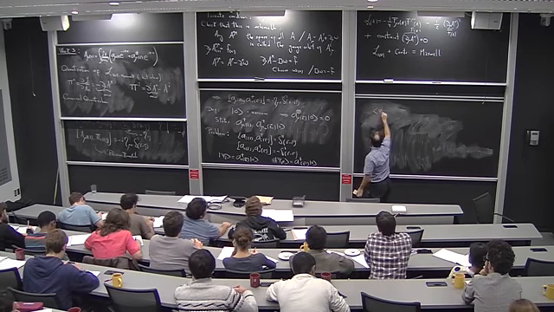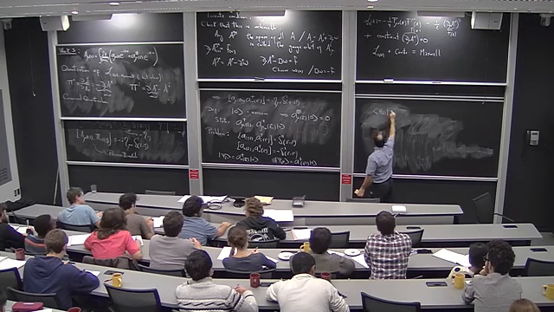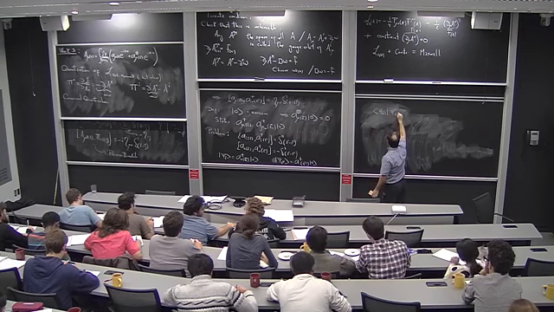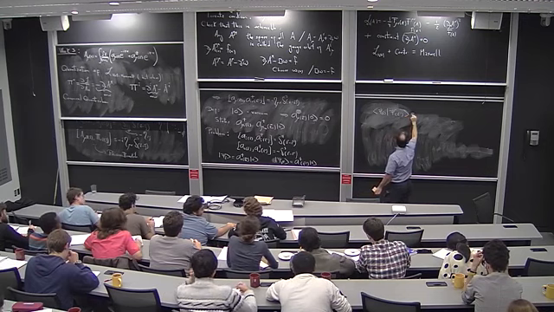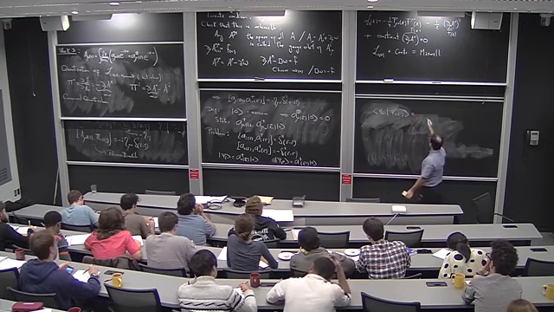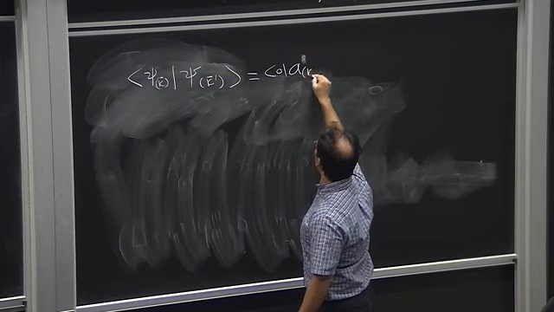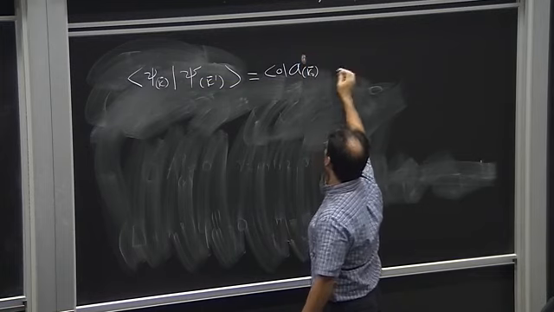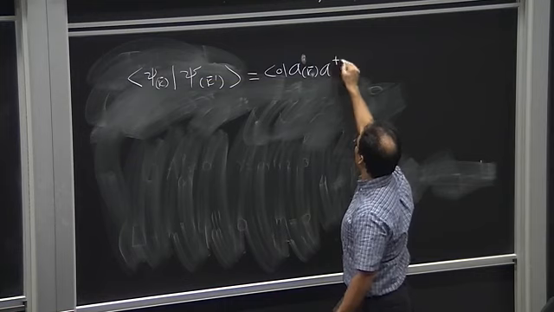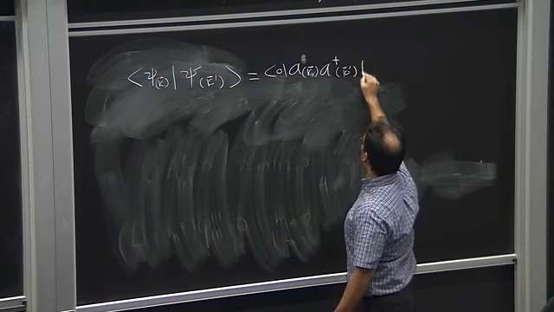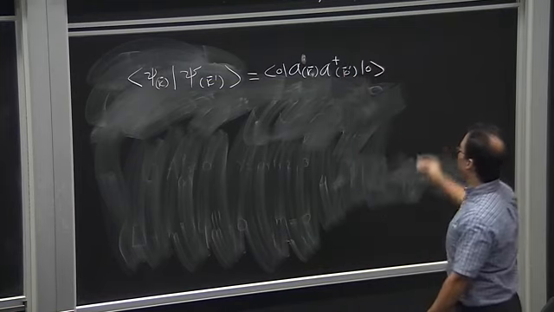Now, if you compute the norm, what did you get? Well, you get 0. This one is k, and we have a dagger k prime, 0, I believe.